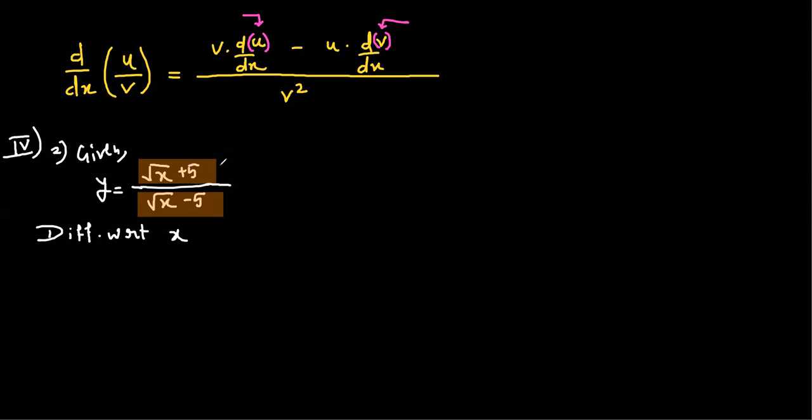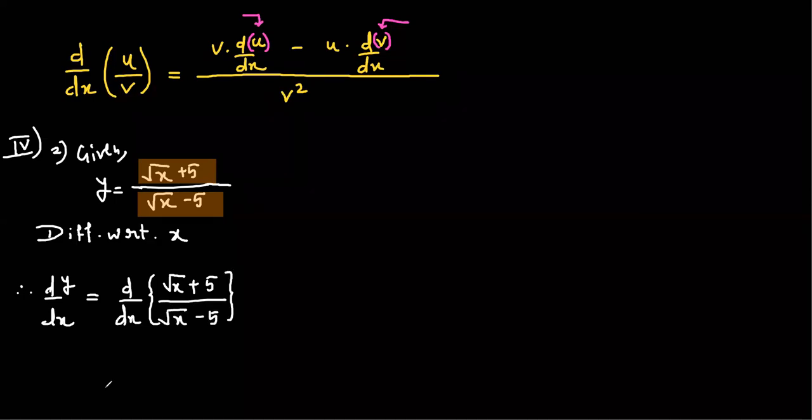This is my u, and this is v. So we will apply the quotient rule, the one which I wrote here. Differentiating with respect to x, on the left I get d by dx of y, and on the right I get d by dx of square root of x plus 5 divided by square root of x minus 5.